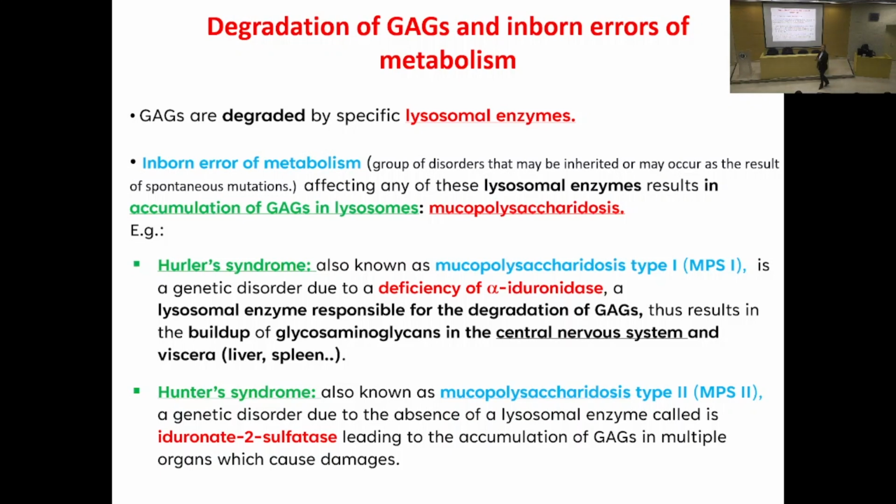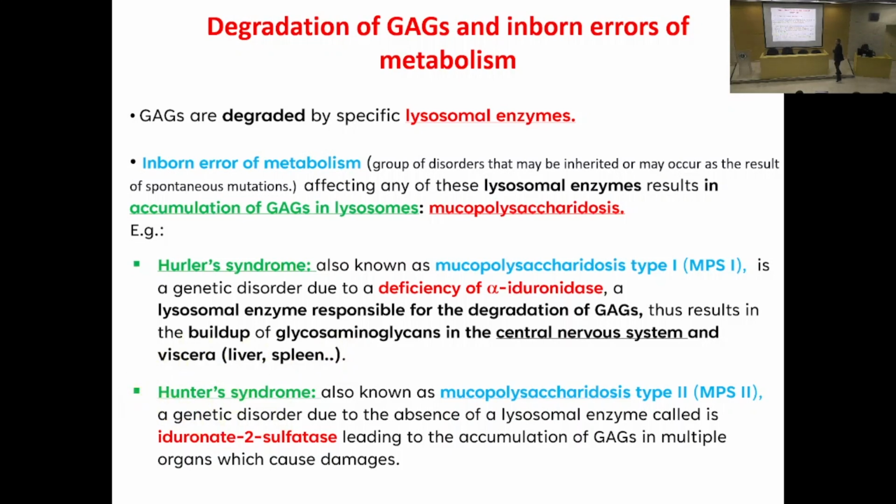It will lead to accumulations of the GAGs, the glycosaminoglycan, inside your cell. And this can be toxic for the cell, all right? And this, it will lead to a damage of the organ.